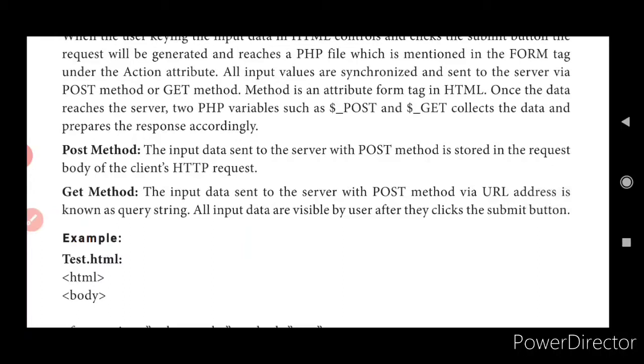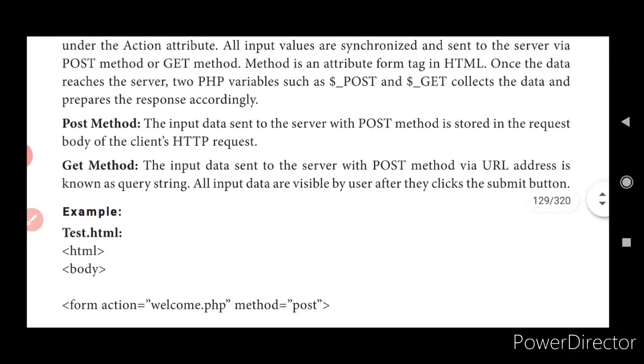Sending, isn't it? What about get? Receiving, isn't it? The input data sent to the server with the get method via URL address is known as the query string. All the input data that we are giving will be visible to the user after clicking the submit button.